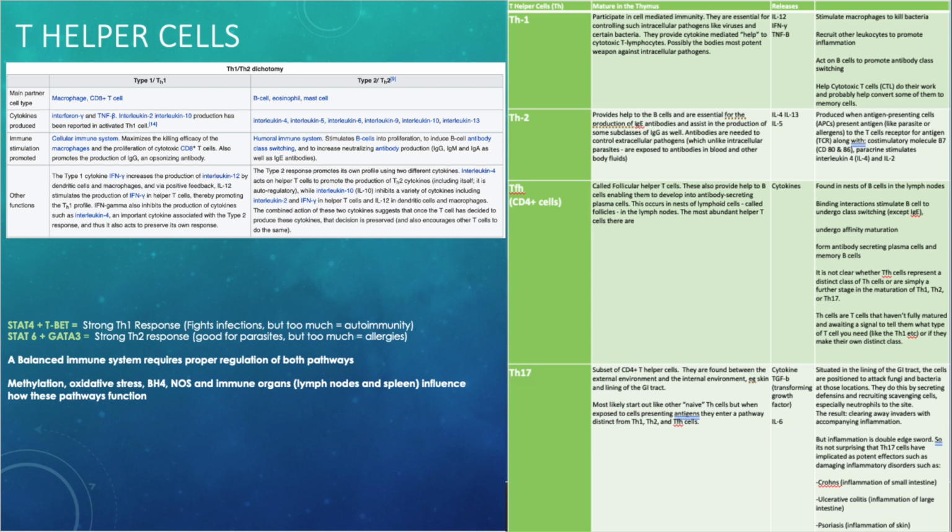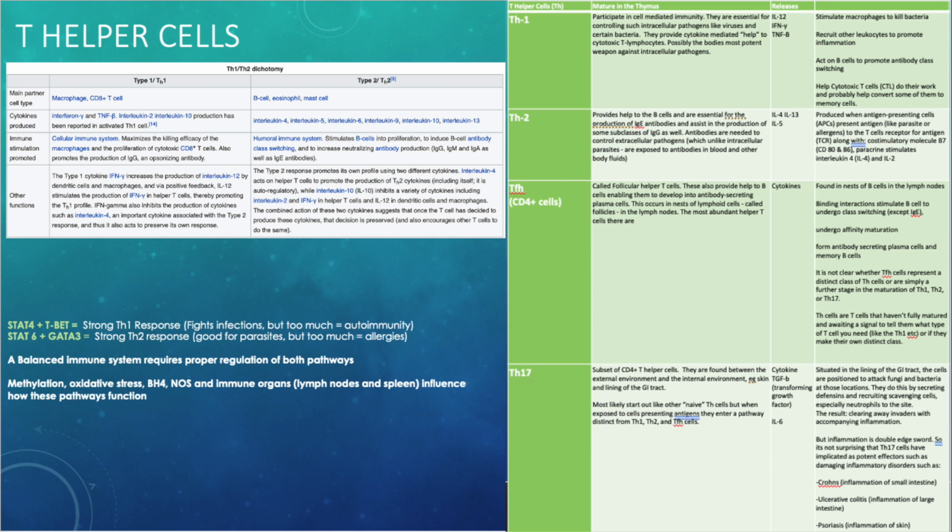But inflammation is a double-edged sword, so it's not surprising that Th17 cells have been implicated as a potent effector in damaging inflammatory disorders such as Crohn's, which is inflammation of the small intestine, ulcerative colitis, which is inflammation of the large intestine, and psoriasis, which is inflammation of the skin.